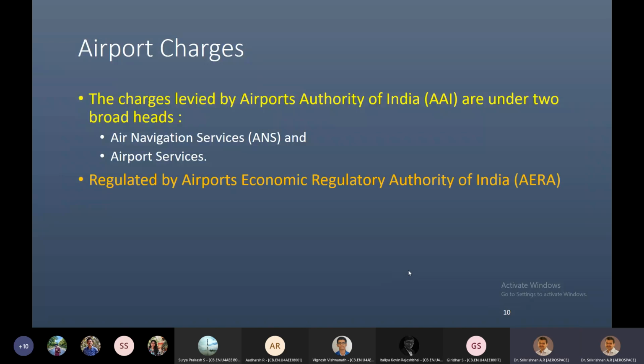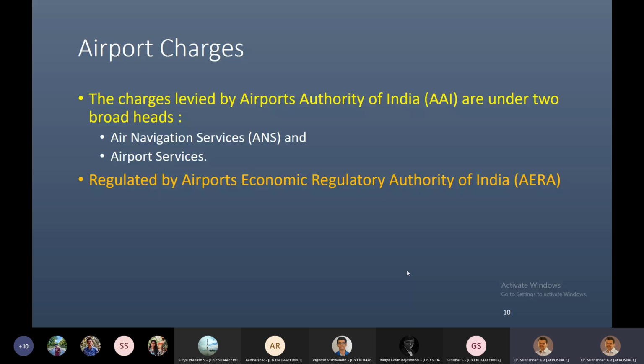There is a government authority, actually, that eventually also reports to the Ministry of Aviation. That regulatory authority is referred to as the Airport Economic Regulatory Authority, and they are the ones who review, monitor, and ensure fairness in the regulations related to the airport charges.